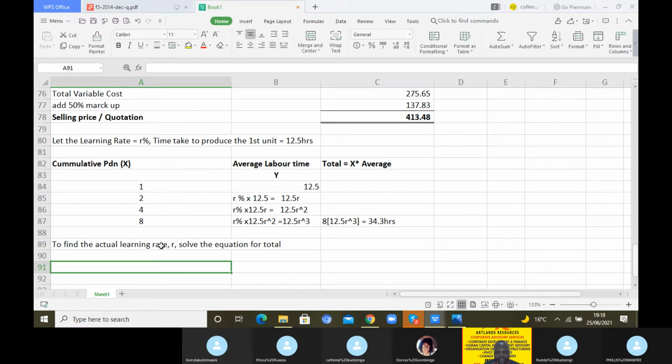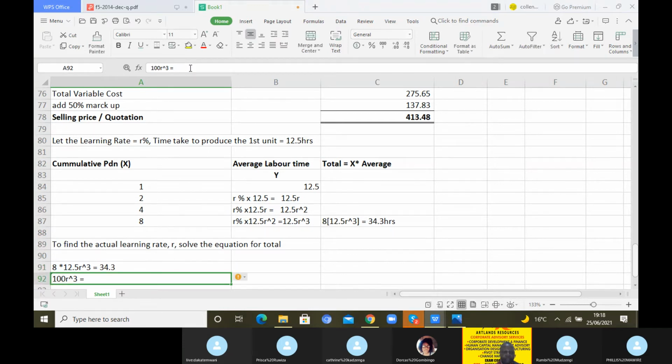It's 8 times 12.5 R cubed equals 34.3. That's the equation. So 8 times 12.5, you get 100. 100 R cubed equals, it's actually not 43, but 34.